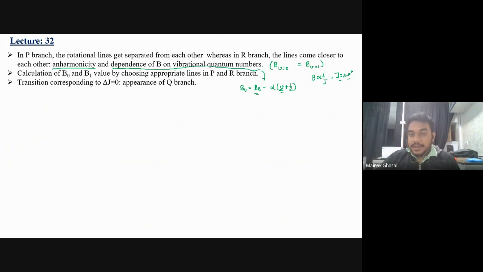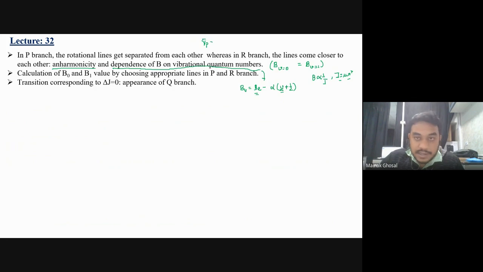And then there was a derivation of the energy of this P branch line. I'm writing it over here, that is nu bar P, for the P branch.